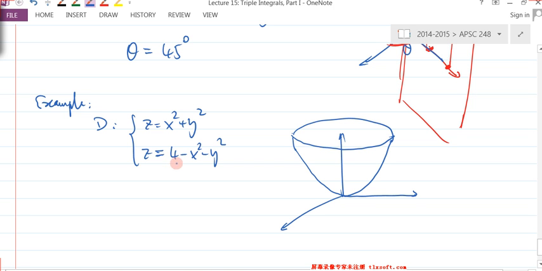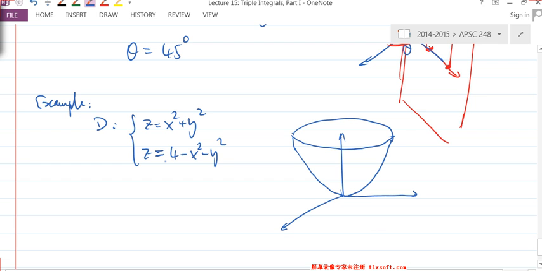And z equal to 4 minus x squared minus y squared. It's pretty similar to x squared plus y squared, but this is 4 minus. Well, if you don't have the 4 here, if it's just z equal to negative x squared, negative y squared, it's basically a reflection of this paraboloid, which is pointing down, right? And if you add a 4 here, which means what?